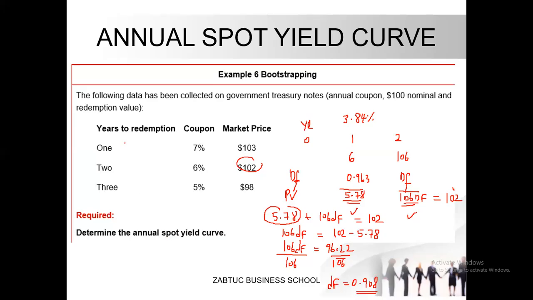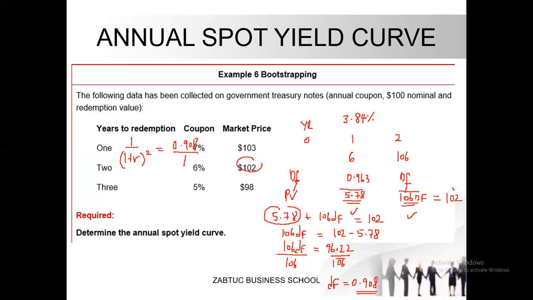What do you do? Back to your basics: 1 over 1 plus r to the power 2 gives you 0.908. Same logic. What logic is that? Some of you say, Mr. P, what logic?